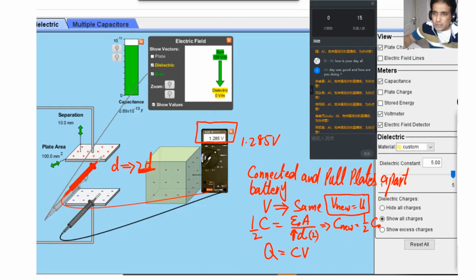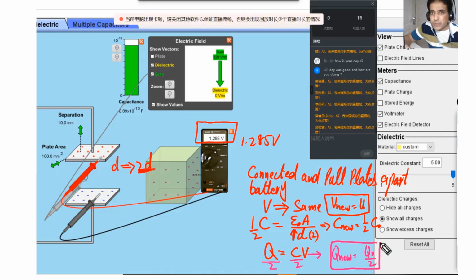If C becomes half and V stays the same, Q also becomes half. So Q new will be equal to Q naught by 2. Half of the charge has decreased. So you can see here half of the charge went back.